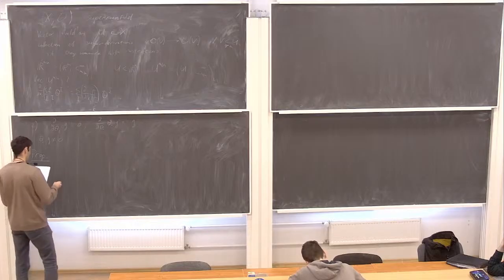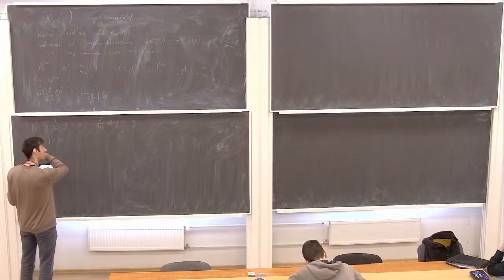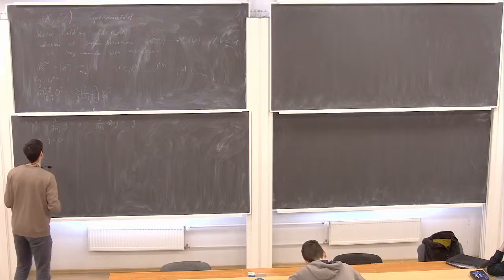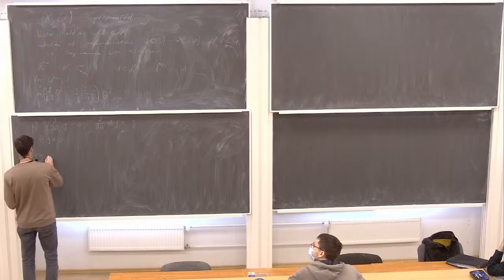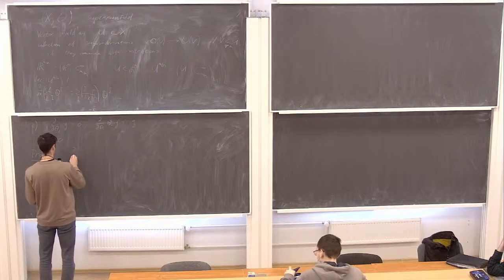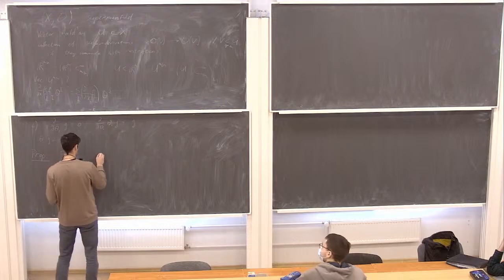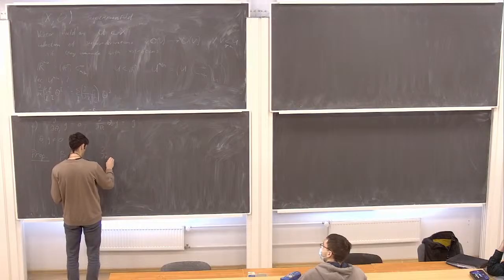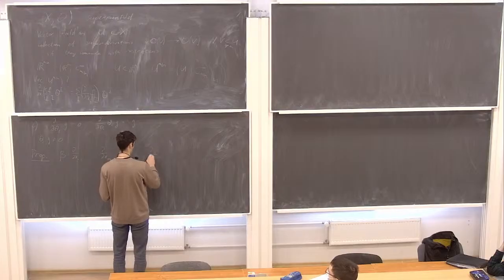So then we have a proposition: that these form a basis, so let me call it beta, which is d over dx_1 up to d over dx_m, d over d theta_1 up to d over d theta_n.